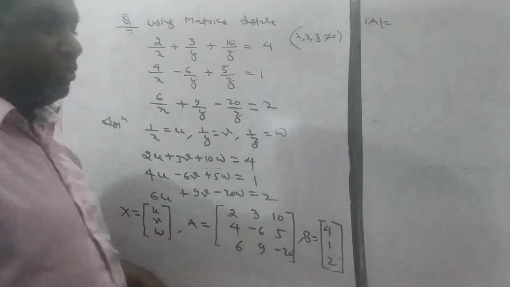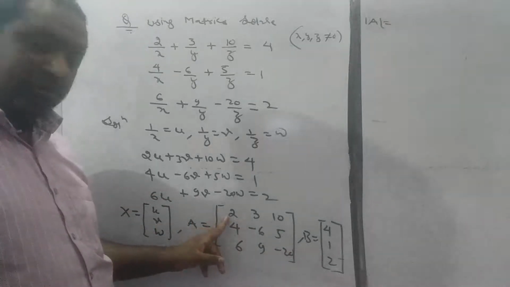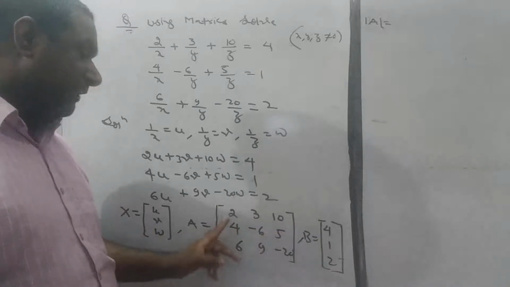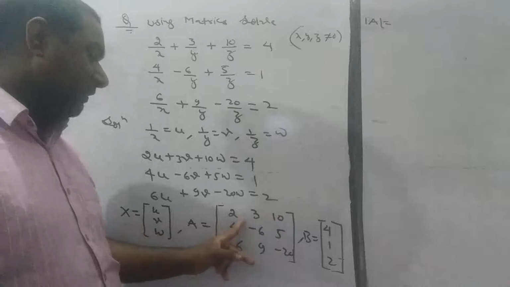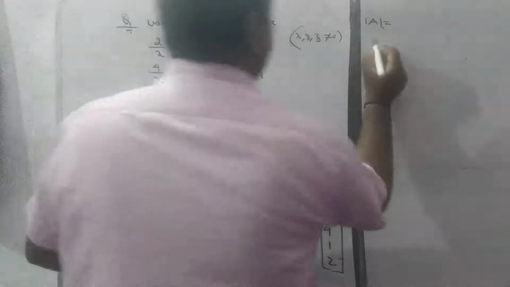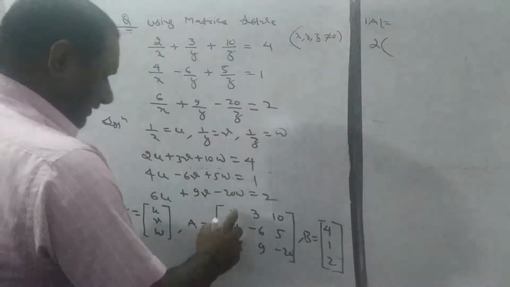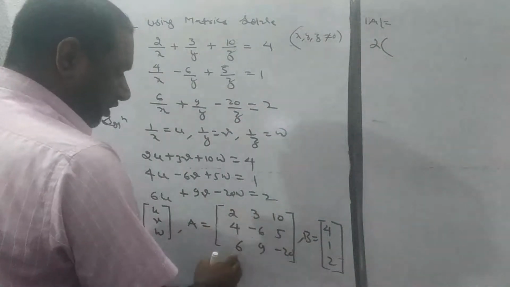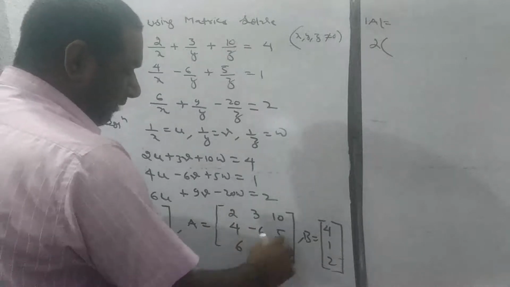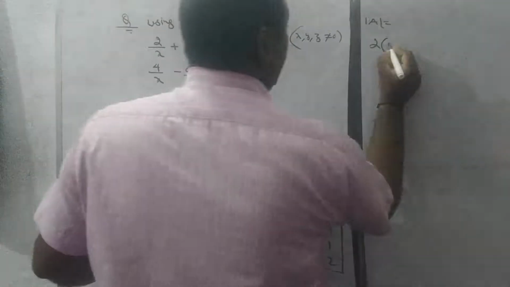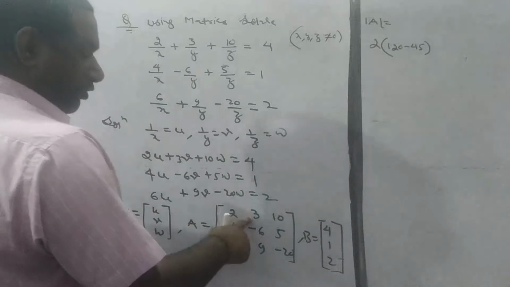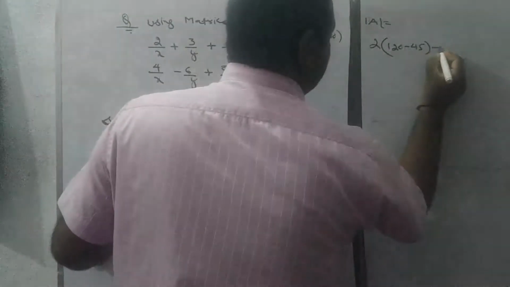We have to find the minor of 2, minor of 3 and minor of 10, multiply with the entry and then add accordingly. So 2 into its minor, which is 120 minus 45, since this is odd position, its sign is minus.